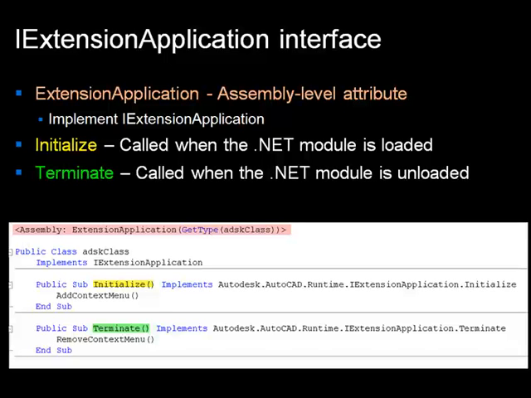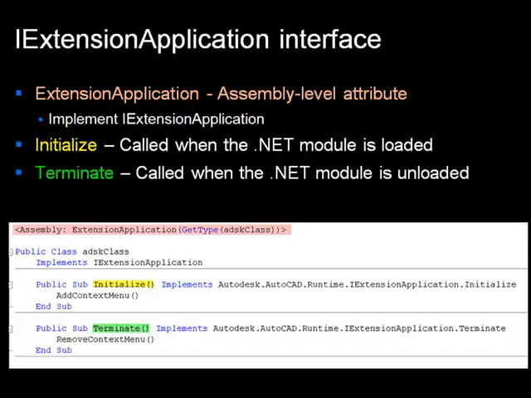So we can use this Initialize function to set up our application, such as adding the context menu. So our menu will be there when our DLL is loaded. The Terminate function will be called when the .NET assembly is unloaded. This will happen when AutoCAD is shut down, as there is not a straightforward way to unload a .NET module.